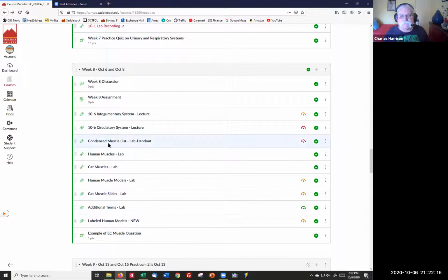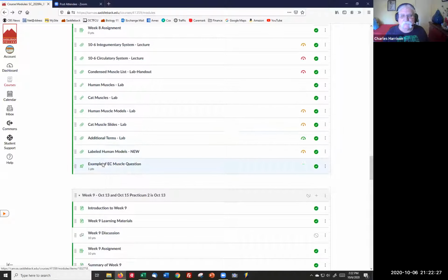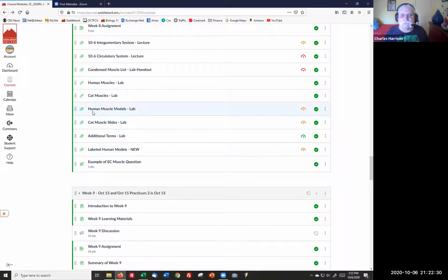The condensed muscle list, I dragged it down from week 7 because we're using it still. The muscles of the human and the cat were dragged down from last week. They're not new. Human muscle models, cat muscle slides, and additional terms, we dragged all of those down from upstairs.